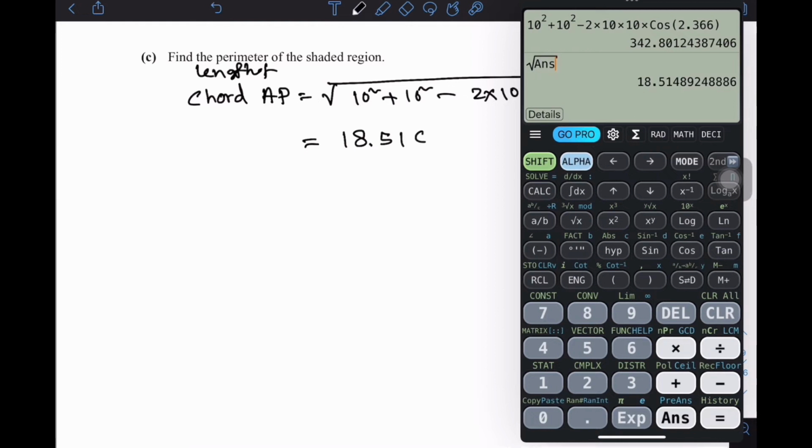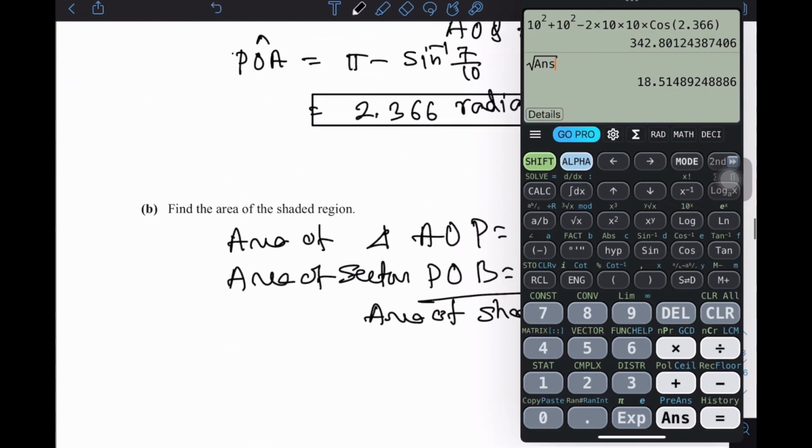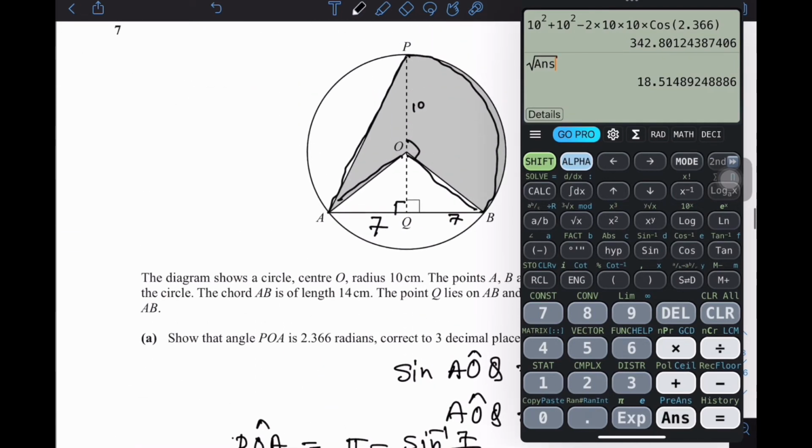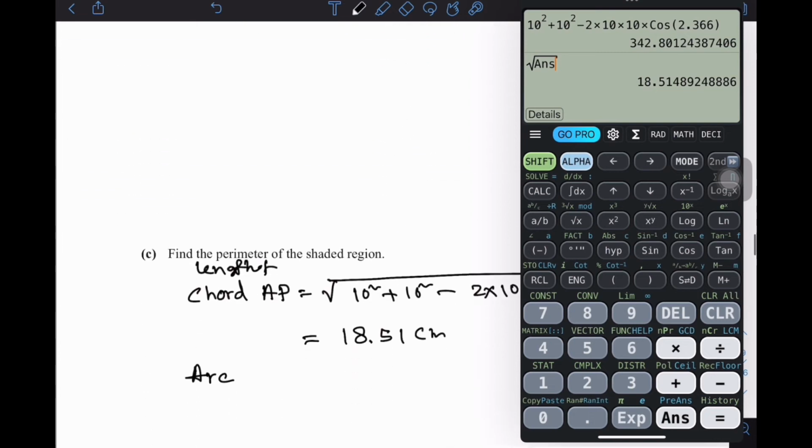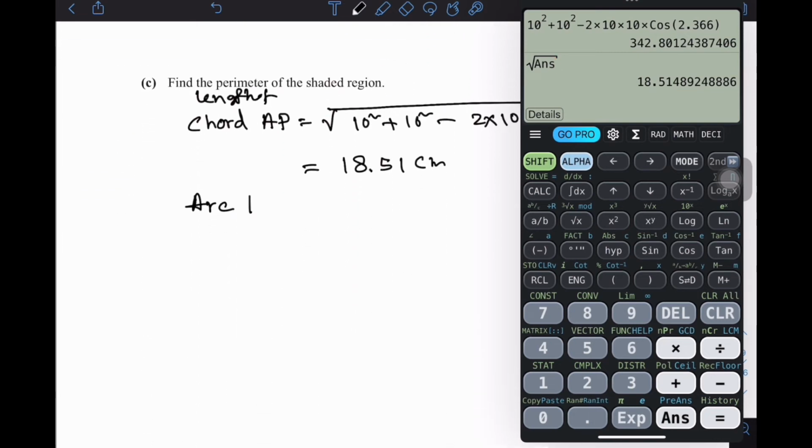18.51 centimeter. Now arc PB will be L equals r theta. R is here 10 and theta is 2.366. So if we multiply, it will be 23.66 centimeters.